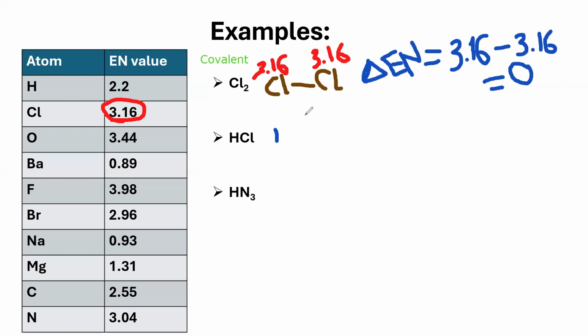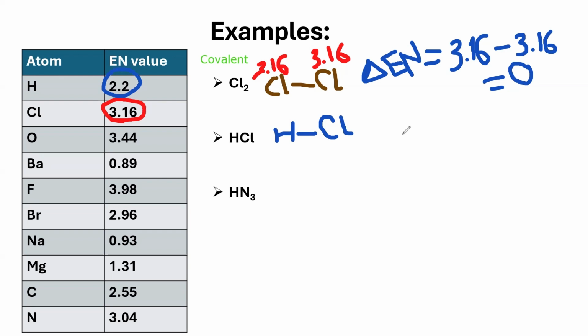HCl, we did it before. H is 2.2 and Cl is 3.16.